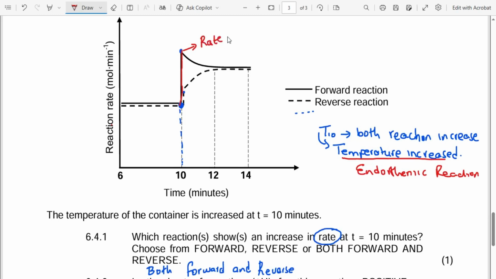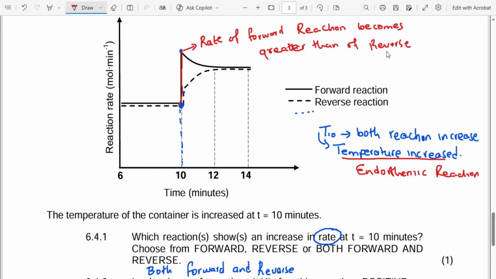So from this, we can see that the rate of forward reaction becomes greater than that of the reverse.